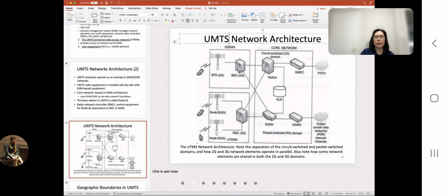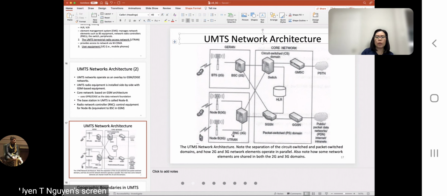We've seen this before in a 2G network here. We have the base transceiver station and base station controller. Now in the 3G network, we have the same configuration, but we don't call it base station controller anymore.